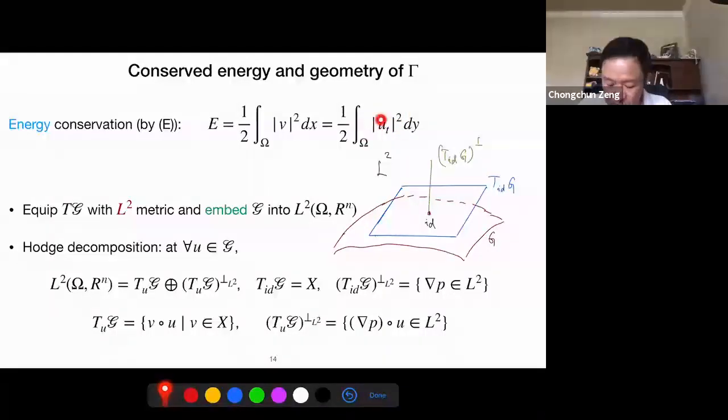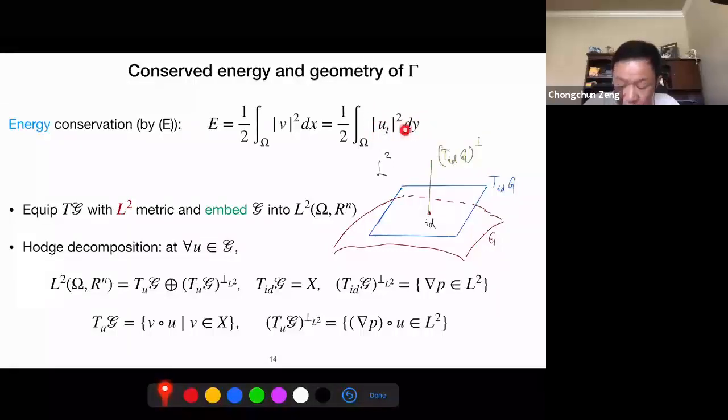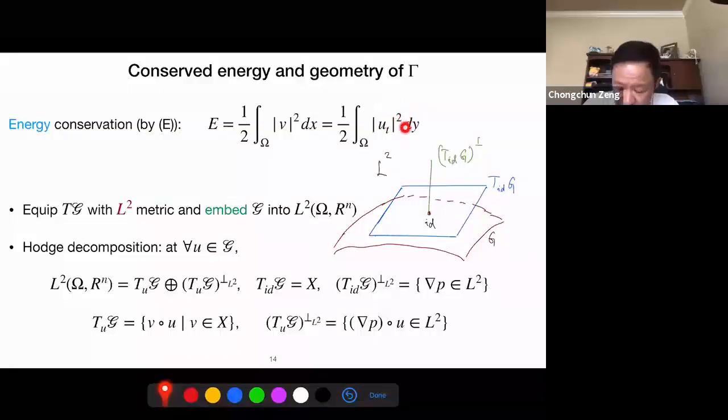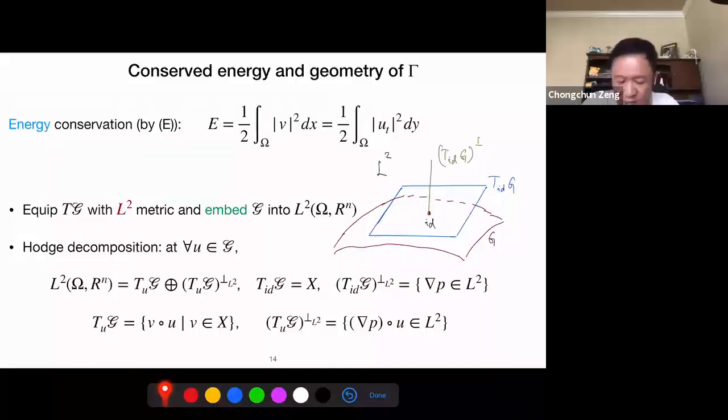So this is the conserved energy, and it suggests that it is more reasonable to use the L2 metric on the tangent space of this configuration space. Here we see that the metric and the differential structure are based on different norms, and this can potentially lead to some problems.